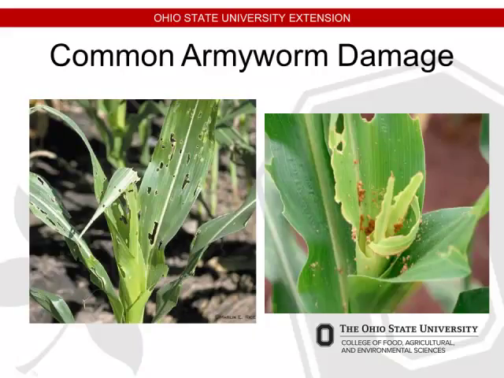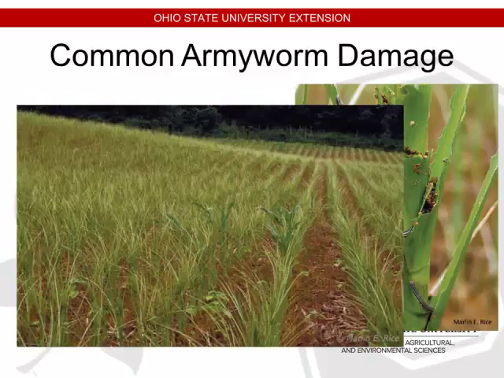This is the type of injury that you can get on that early season plant, which can extend fairly far into the growing season. And I've seen corn plants that are close to 3.5 feet tall that have been totally wiped out by armyworm. An armyworm can extend fairly far into the month of June before it's completely done with its growth and development.